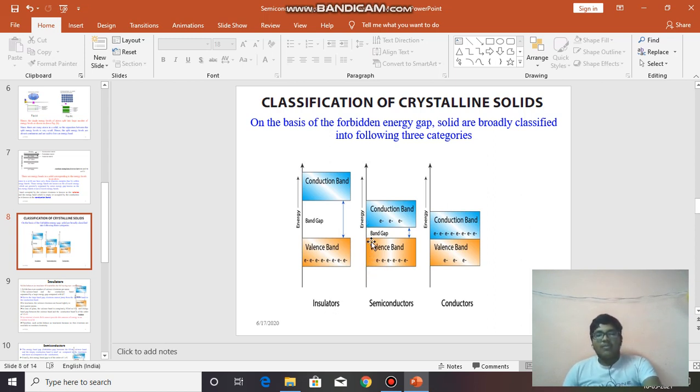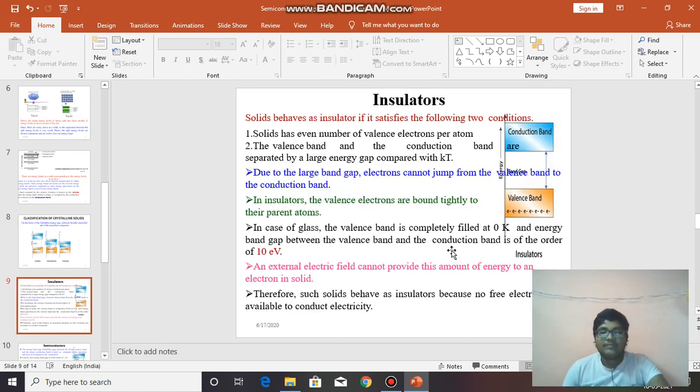If they have a low band gap, then it acts as a semiconductor. If they have a negligible gap, then it acts as a conductor.